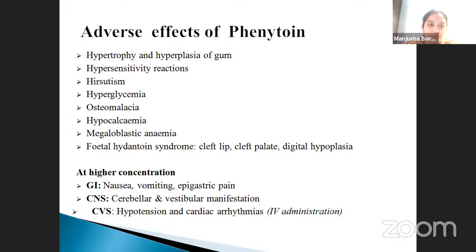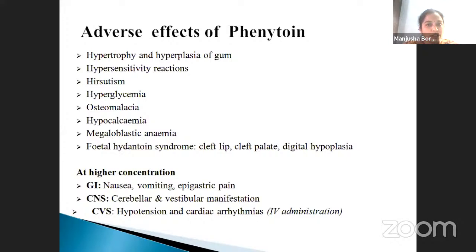If it is used in pregnancy, it also causes fetal hydantoin syndrome, which is characterized by cleft lip, cleft palate, and digital hypoplasia. And at higher concentrations or higher doses, phenytoin also causes GI-related side effects like nausea, vomiting, epigastric pain.